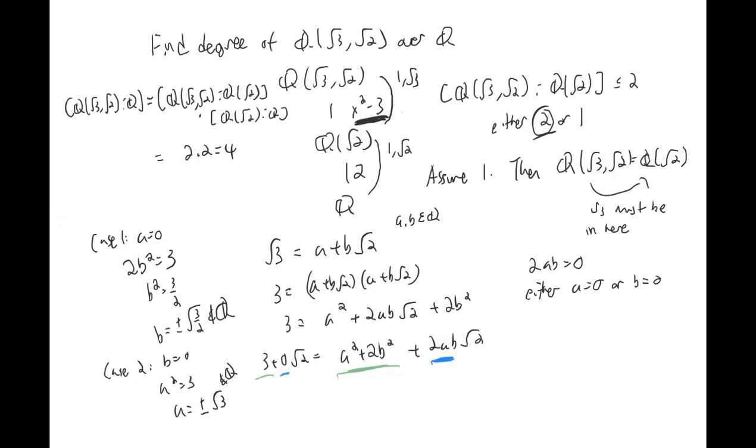And note when I write 1 and root 3, it's not over Q. I'm saying that this equals the set of A plus B root 3 such that A, B are in here, because we are viewing this as our base now. Okay, does everyone understand this?